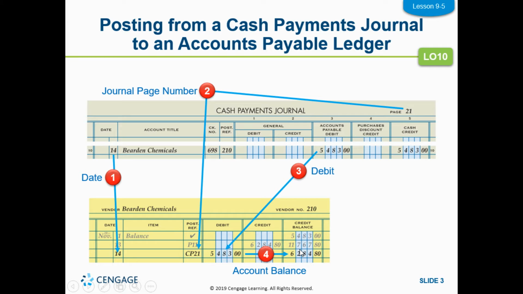Accounts payable, liability, increased side is the credit side. And then to finish off the posting for that individual amount, we're going to say 210 Bearden Chemicals. Now later on, we'll come and post the column total for accounts payable. All right. So far, so good.